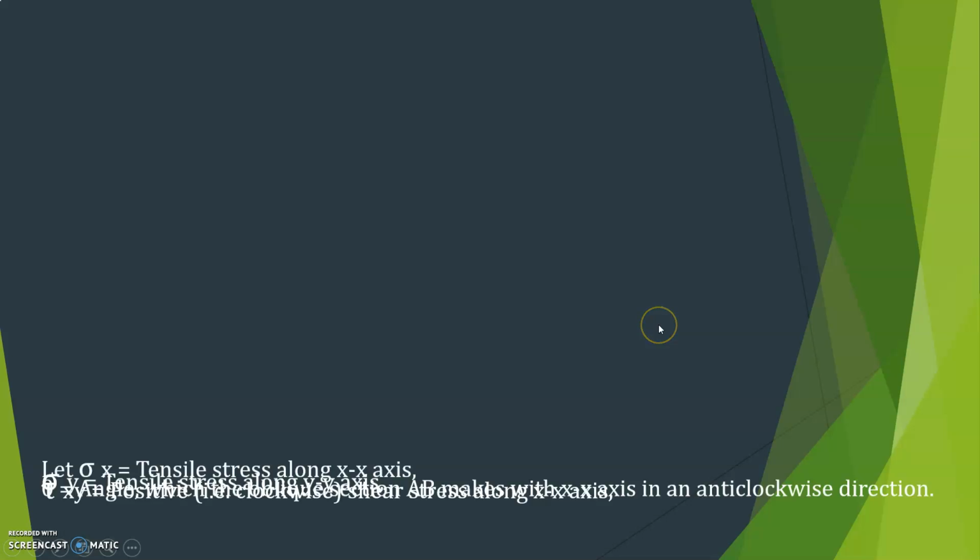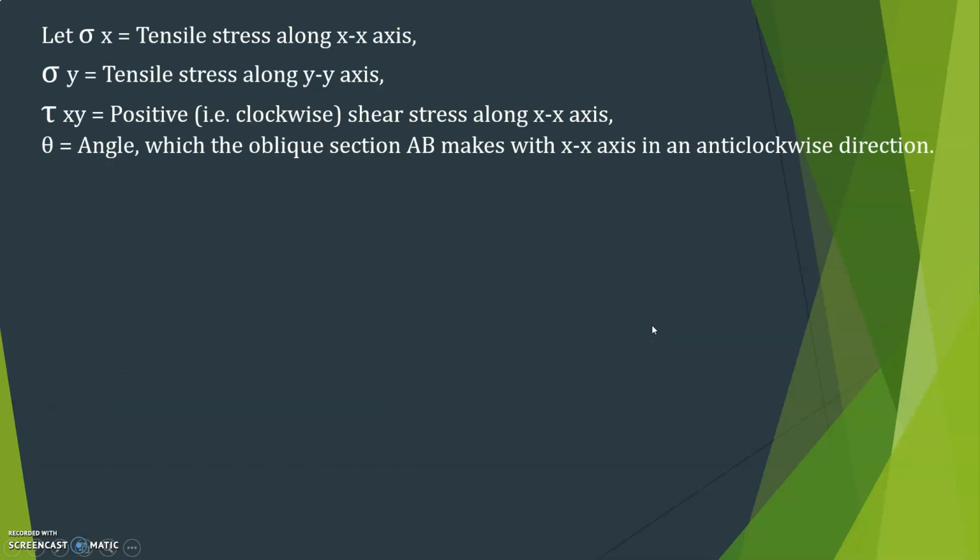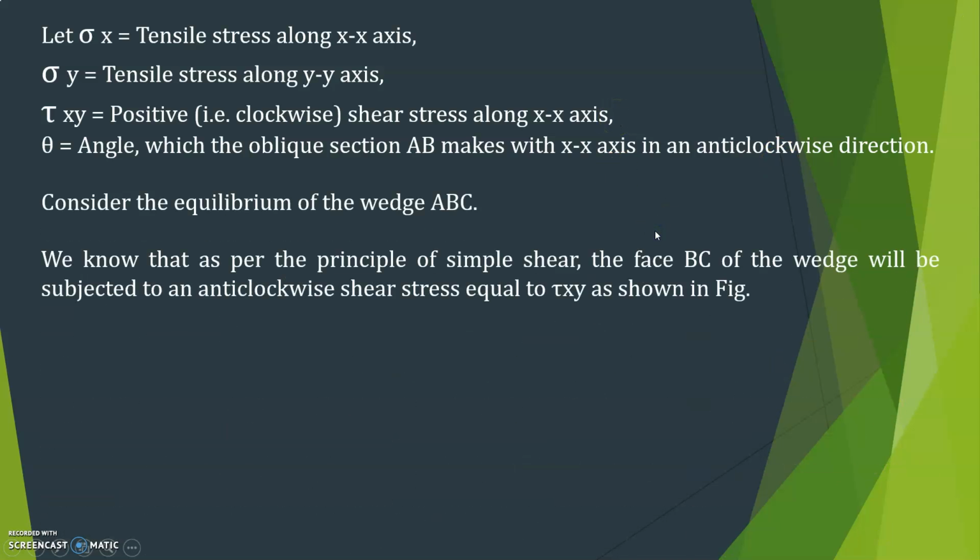Then let us see how we derived this in the last cases, the same thing here. Let sigma x be the tensile stress along the x axis and sigma y the tensile stress along the y axis, and tau xy positive, that is clockwise shear stress along the x axis. Theta is the angle which the oblique section AB makes with the x axis in an anti-clockwise direction.